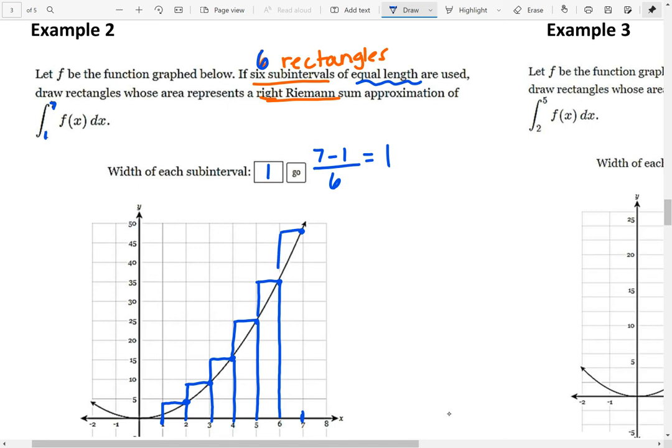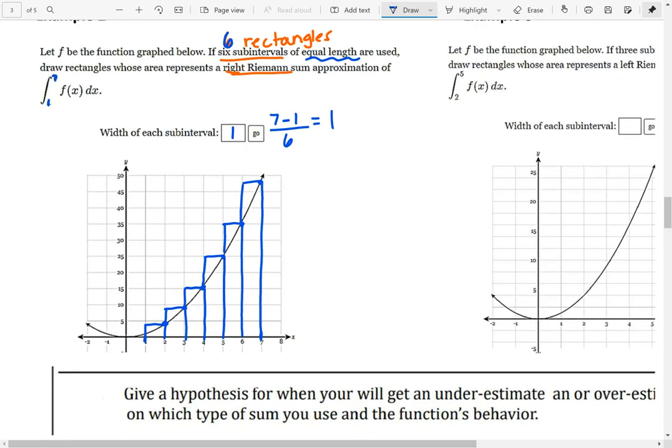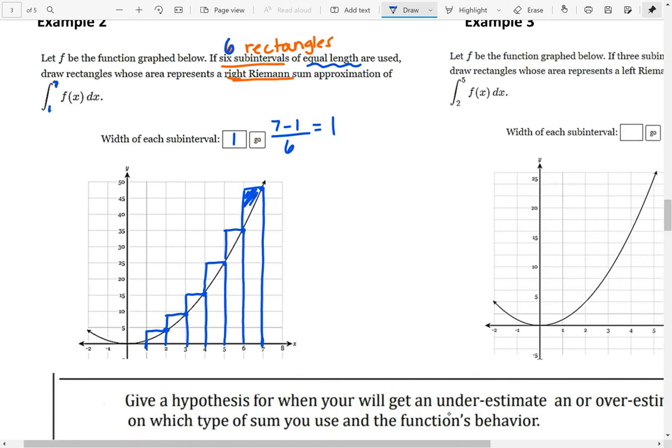Okay, and then I can see that if I estimate all of the area of these rectangles and add them up, I'm going to get a value that's much larger than the area under the curve and above the x-axis. So I would call this an over approximation.